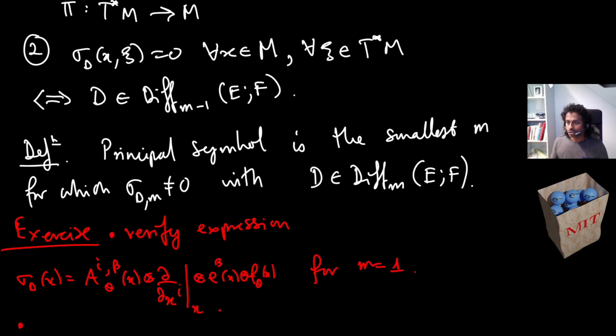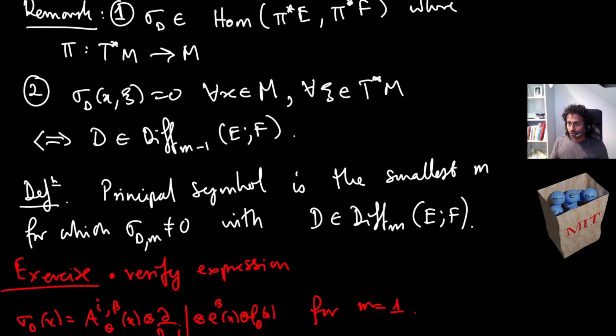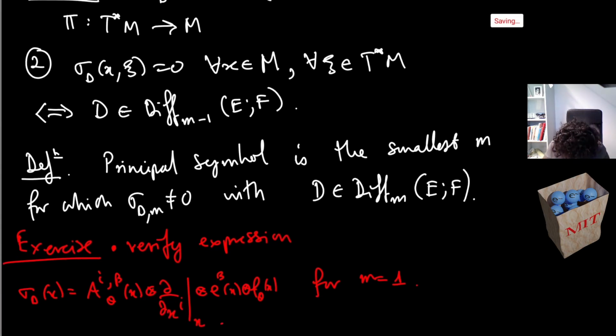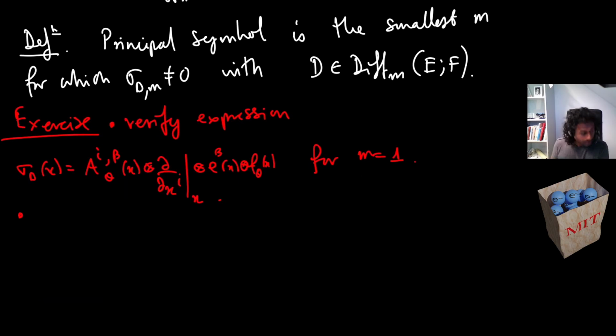Or if I have an order 2 operator, if it's in diff 2 ef and the principal symbol for m equals 2 is non-zero, it cannot be in diff 1 ef, because I cannot write it as that expression that I originally defined diff m ef to be. Precisely. And that really is because this set is a filtration. Okay, so let me come back to this.